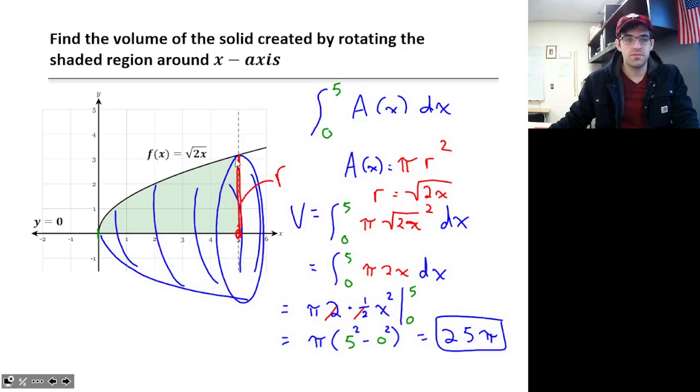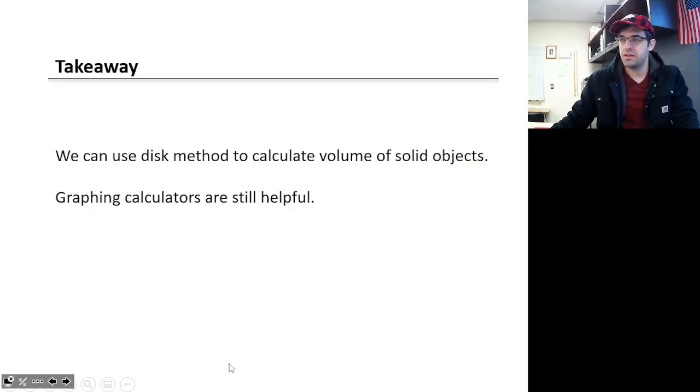The radius of our disks is the square root of 2x, which means the area is pi times the square root of 2x, squared, or pi 2x. If we integrate this from x values 0 to 5, pi 2x dx, we're going to get the volume of this rotated shape. And that one we can integrate nicely by hand. It equals 25 pi. Alright, so that's the disk method in a nutshell, and that's how you use the disk method to calculate the volume of a shape.